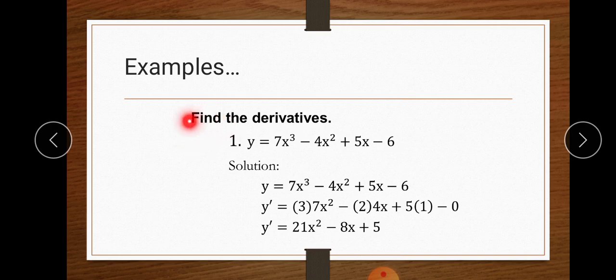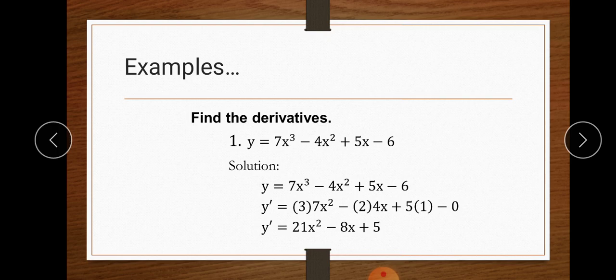Examples. Find the derivatives. Number 1. Y equals 7x cubed minus 4x squared plus 5x minus 6. Solution. As we can see in number 1, we can use the constant and exponent rule and the sum rule. So the solution: y equals 7x cubed minus 4x squared plus 5x minus 6.